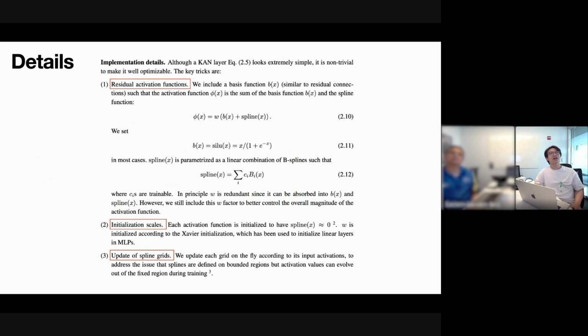And secondly, like how we have used Xavier or Kaiming initialization, the initialization scales also matter a lot for CAN initialization.